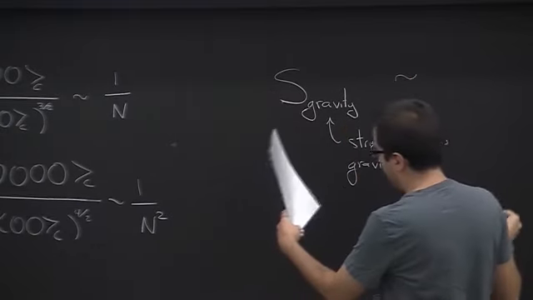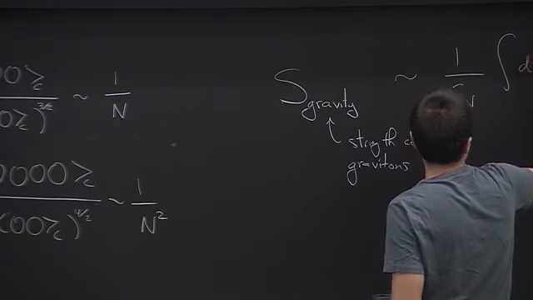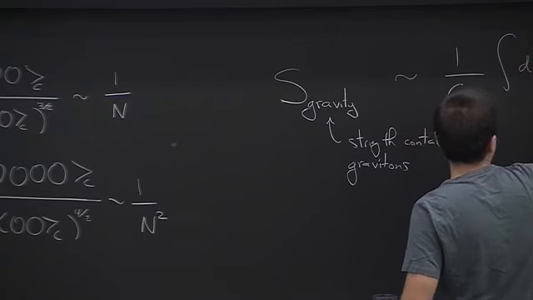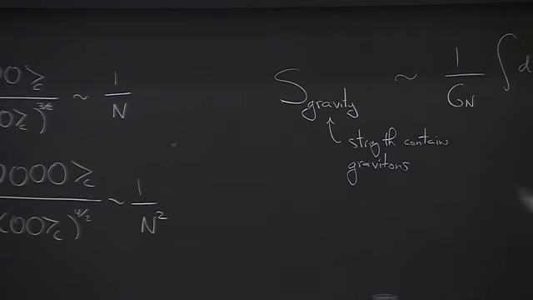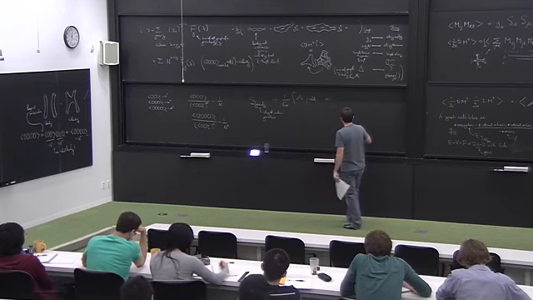And then we expect to get 1 over g Newton times some integral d dx of the fields. So what we get is the following.